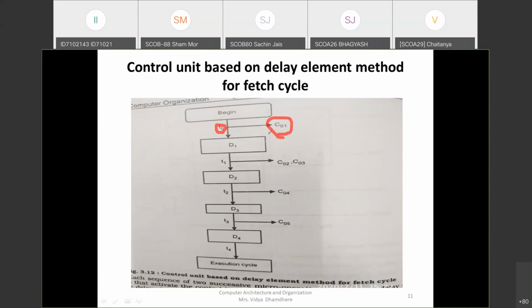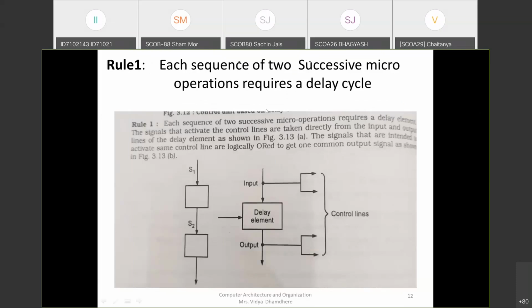Now, how can these delay elements work in the hardware control logic? For this delay element method implementation, there are 3 logics implemented for the hardware control logic, which we are going to see. Out of that, the first one is that each sequence of 2 successive micro operations requires a delay element.